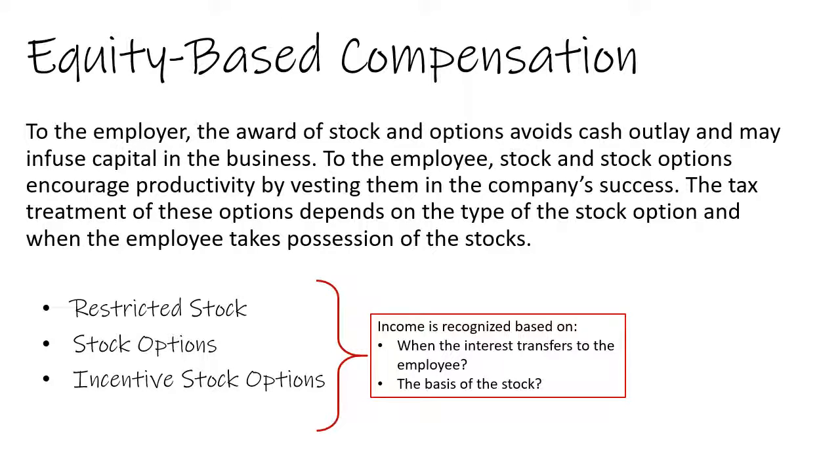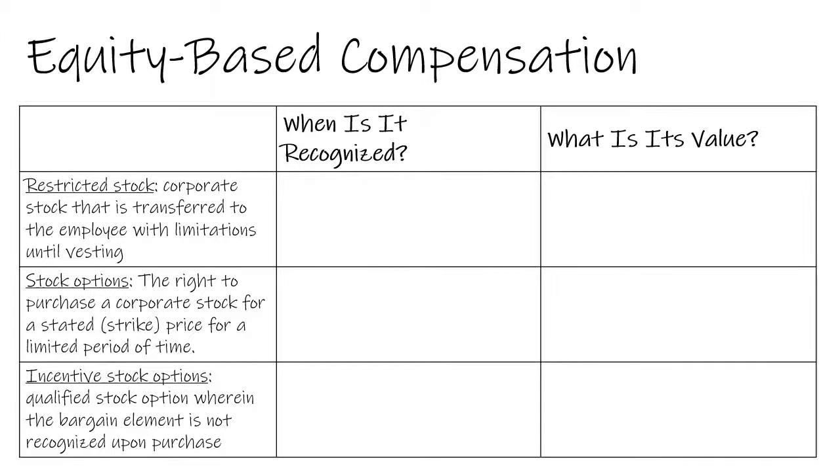The tax treatment of these different stock options and stock benefits depends on the type of stock option and when the employee takes possession of the stocks. The amount of income recognized for equity-based compensation depends on when the income is recorded and the value of the stocks when it is recorded.